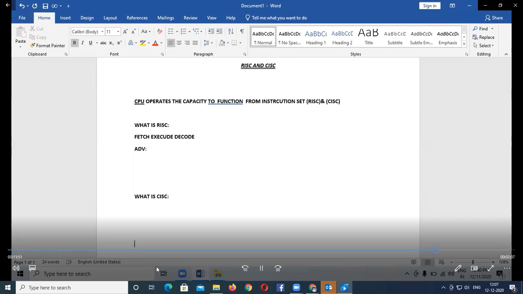In CISC, the instruction set has a variety of different instructions, so they can do complex operations also. In RISC, the complex addressing modes are synthesized using software, and CISC already supports complex addressing modes.